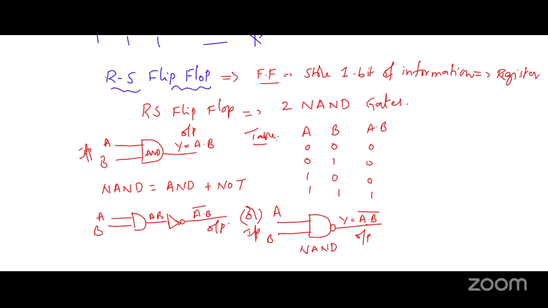You already got the output for the AND gate. What is the AB bar? 0 bar is 1, 0 bar is 1, 0 bar is 1, 1 bar is 0. So this is the output for the NAND gate. This is the output for the AND gate. Okay.